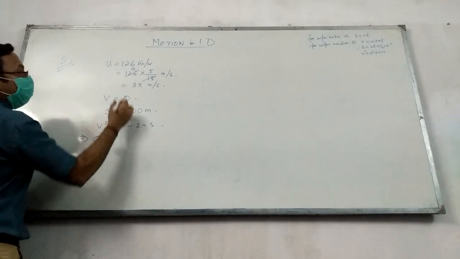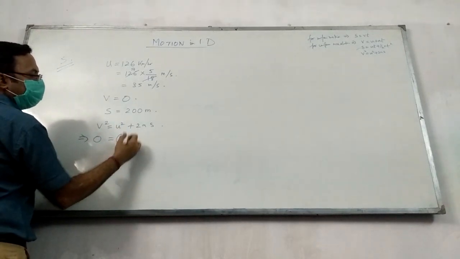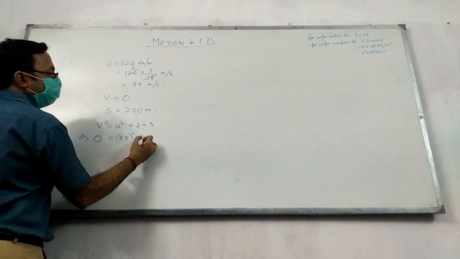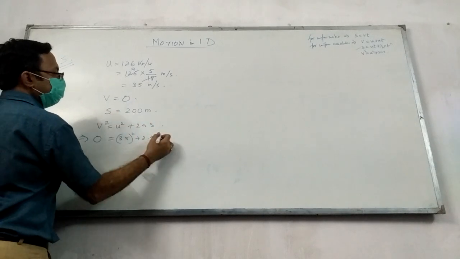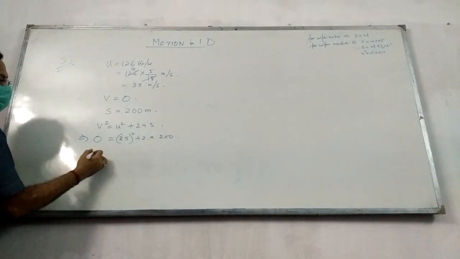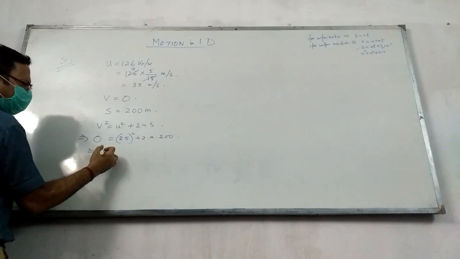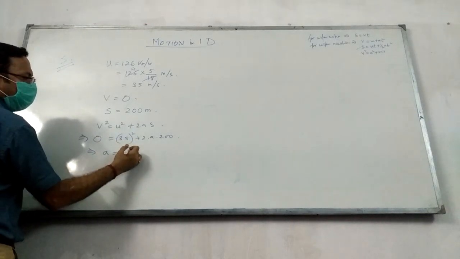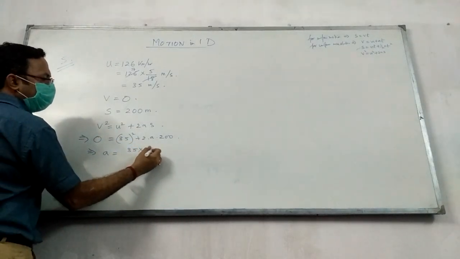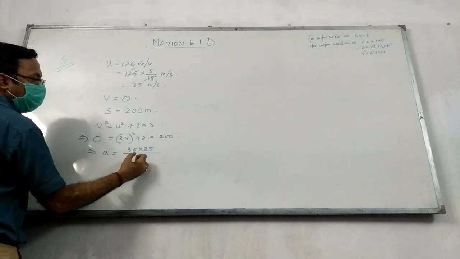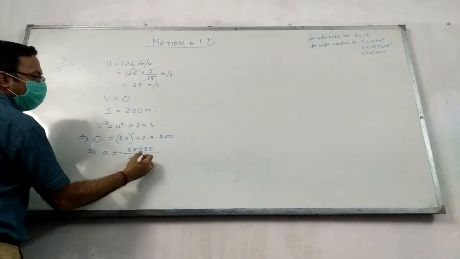So v is 0, u is 35, plus 2 into a into s, which is 1. So you can understand, a is equal to 35 into 35 by 2 into 1.